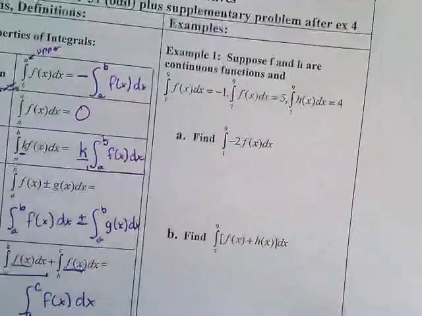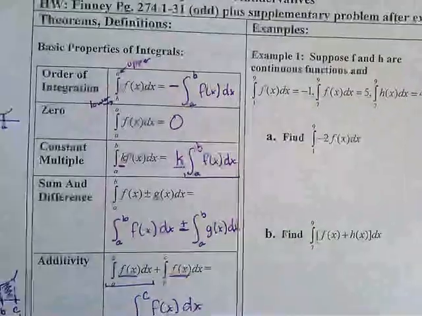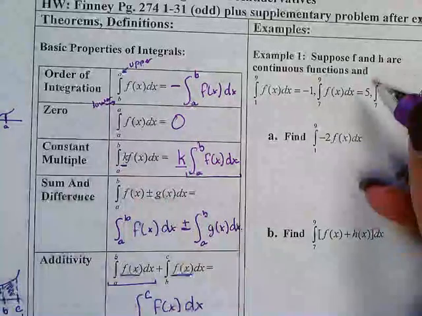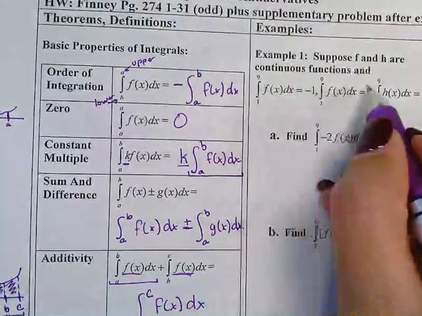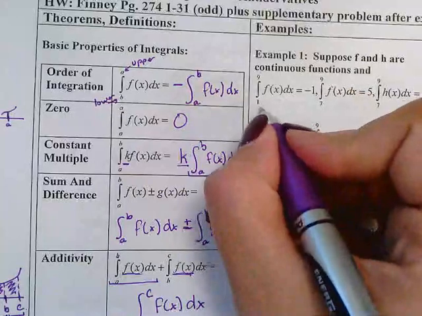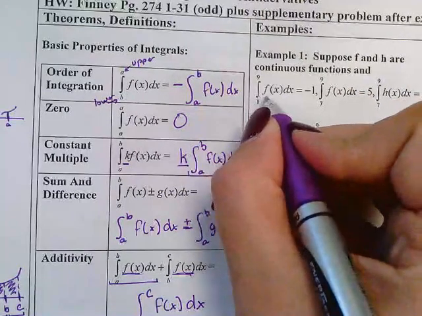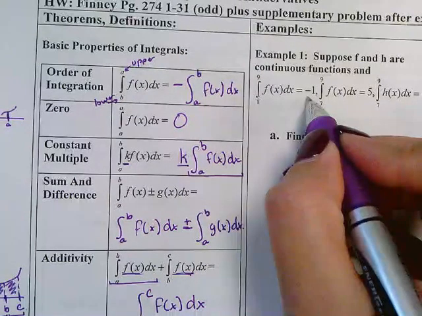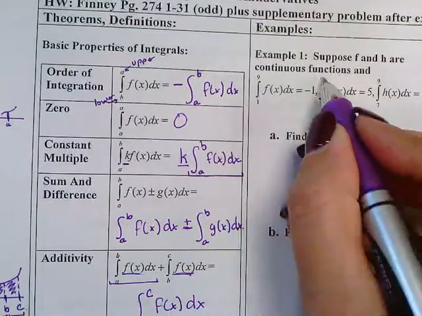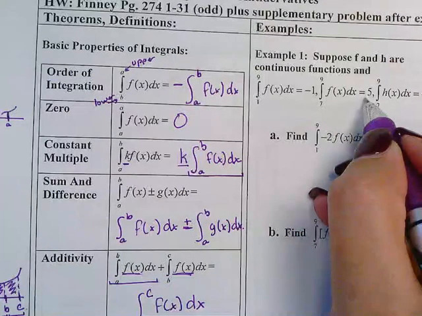Alright, so let's use these basic properties to do these problems. So suppose f and h are continuous functions, and they tell us a few things. They tell us that the integral of f of x from 1 to 9 is -1. From 7 to 9 of f of x is 5.